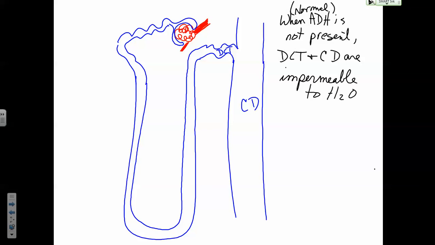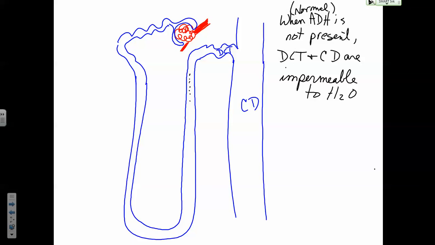What that means is as the filtrate comes up the ascending limb of the loop of Henle, by the time it gets to the distal tubule, regardless of how much water is there, it's not going to be reabsorbed when ADH is not present.